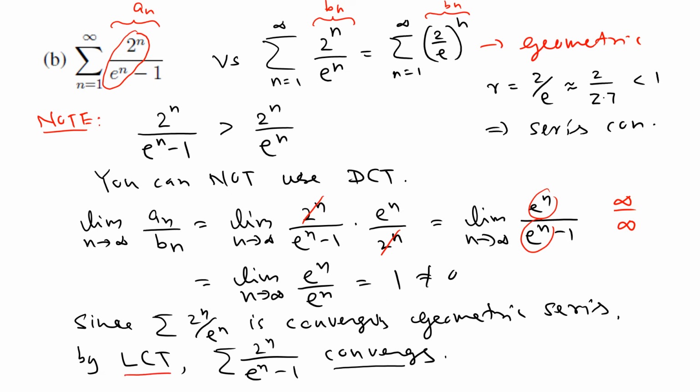And so you can see that for this problem, you can also use the root test and the ratio test. Let's see how we can use them, just for your knowledge.